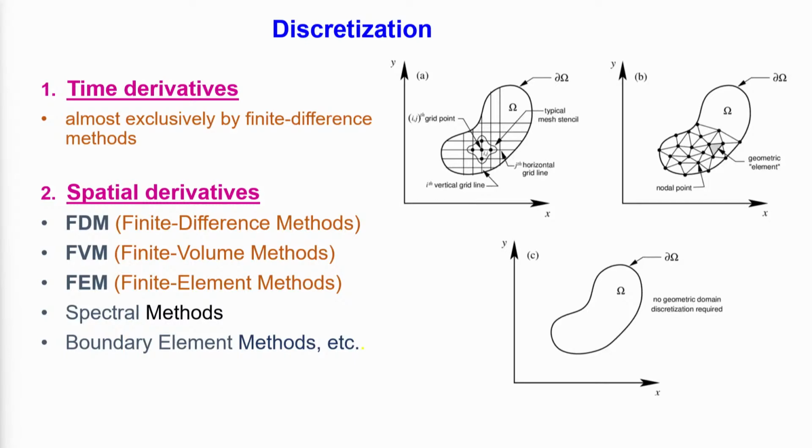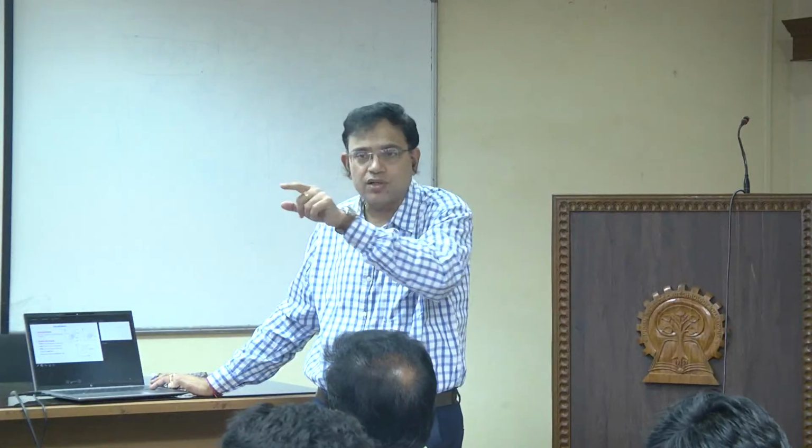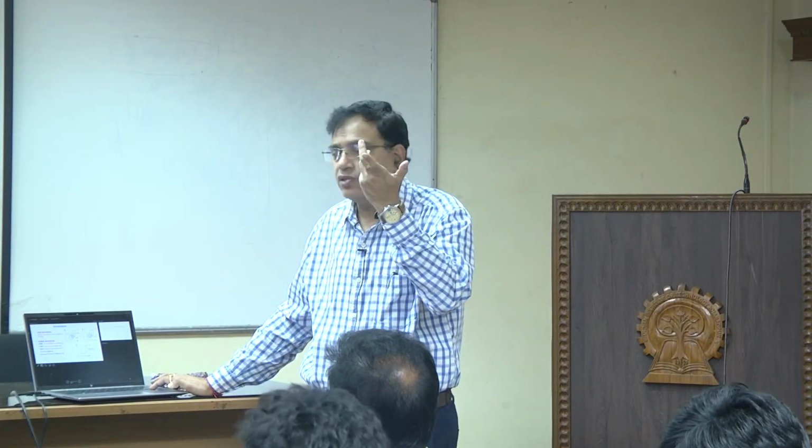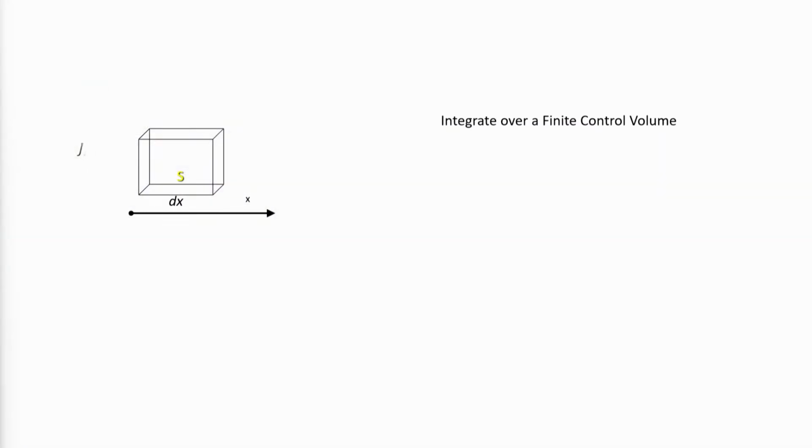So, either of these two is possible. When you have that stencil without such elements, that is finite difference, and when you have elements or control volumes, they become finite element and finite volume. But at the end they are represented by discrete points, be it an element, a control volume or an intersection of the stencil.